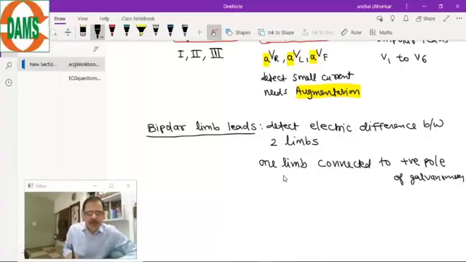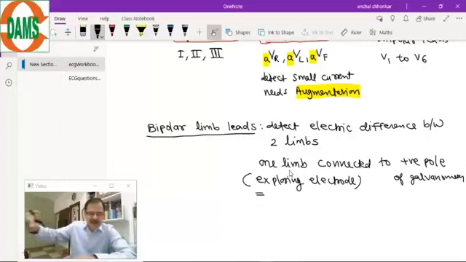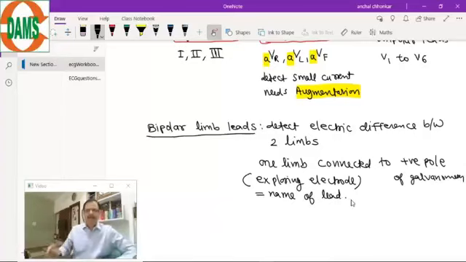This limb is known as the exploring electrode, the limb from where the wire is going to the positive pole. This is the exploring electrode, and the name of the lead is written on that limb.